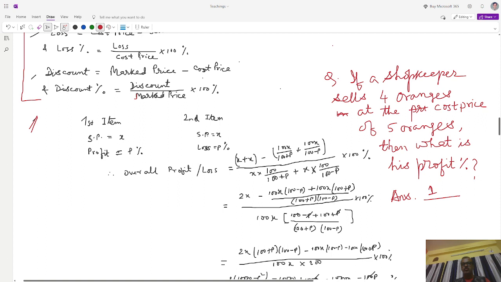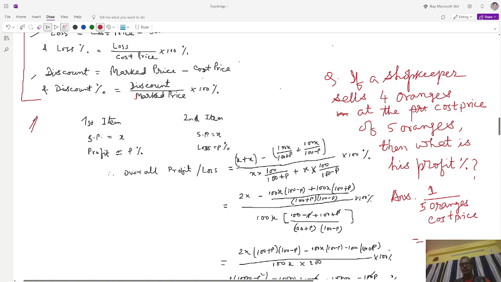So, what is the value of cost price? The cost price of 5 oranges is equal to the sales price of 4 oranges. Here the profit is 1 orange sales price upon the 5 oranges cost price.